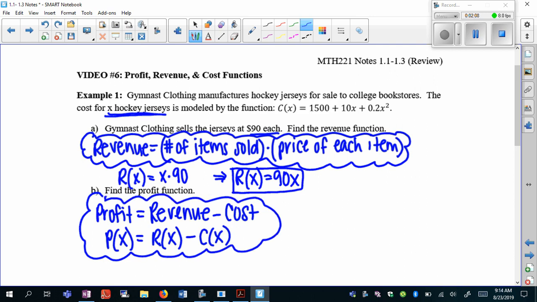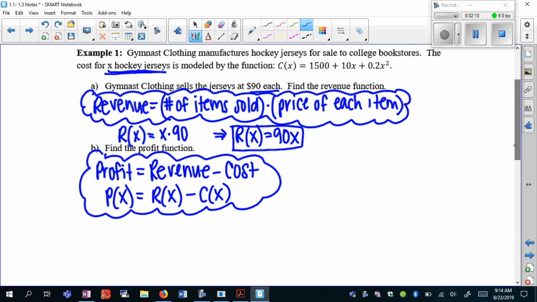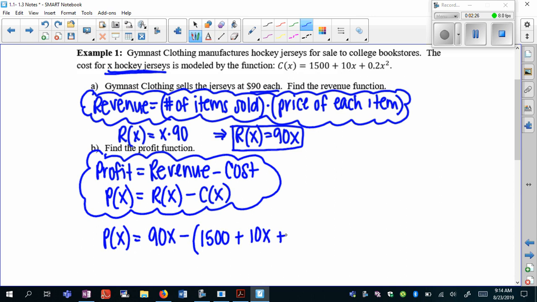Again, this is something that you're going to see quite a bit in this class. Here's our subtraction example. We're trying to find the profit. So take the revenue, which is 90x, minus the cost that they give us. Notice I'm going to put this in parentheses. Because I'm subtracting, I want to make sure that I remember to distribute that negative. No matter how many times I say it, it's always something that is easily messed up. So just be careful.